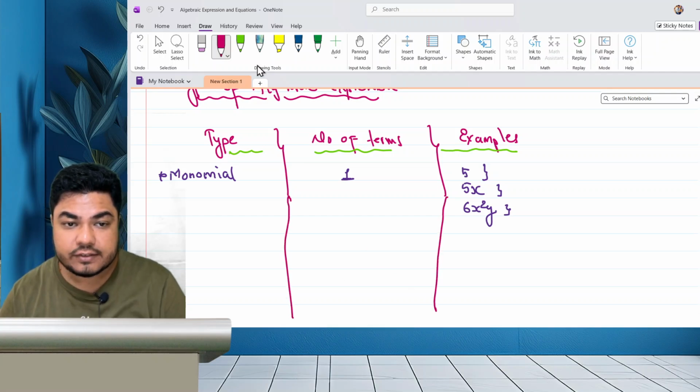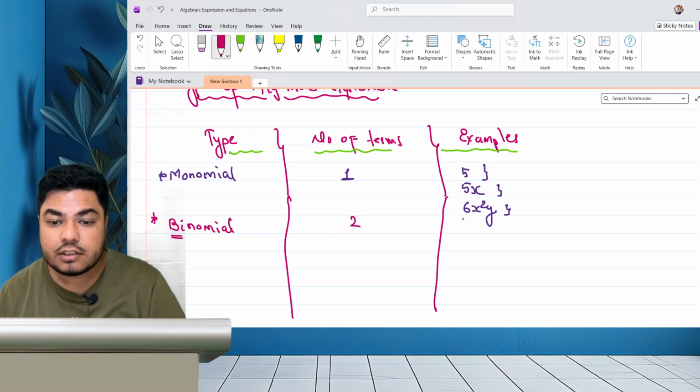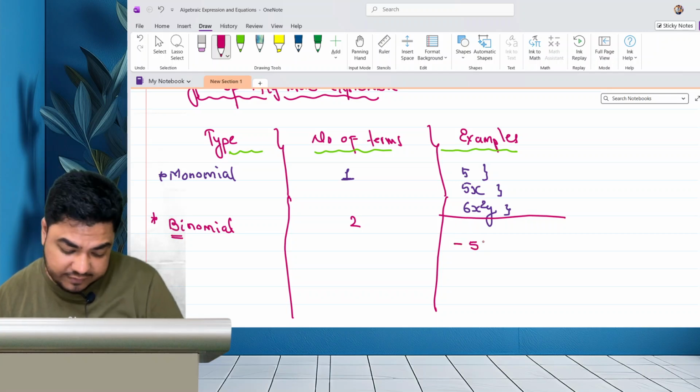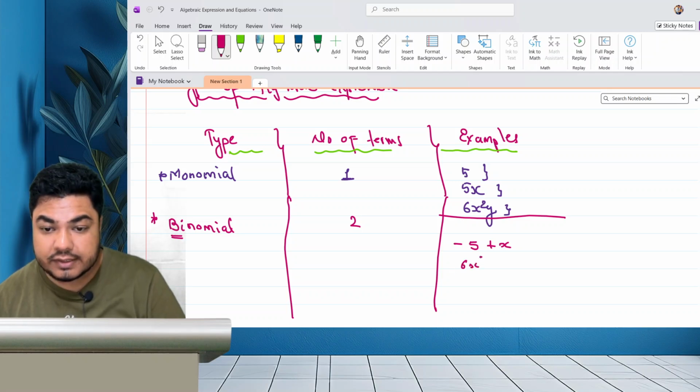Now moving next, we will see the second type, that is binomial. And it's very easy for us to understand because bi means it would have two terms. So can we see the examples? Minus 5 plus x. This is an example of binomial. 6x square plus 7y.